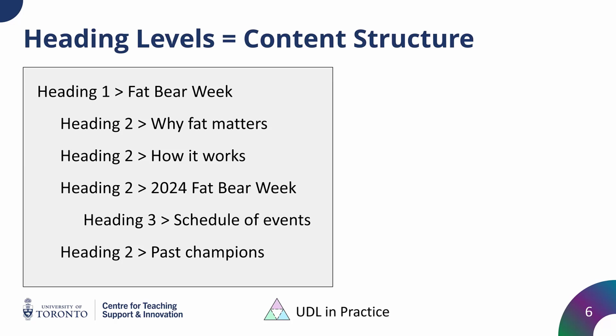Another heading 2, how it works. So how does Fat Bear Week work? Another heading 2 to talk about the 2024 edition of Fat Bear Week. And then a heading 3, a schedule of events. Now those events are related to the 2024 Fat Bear Week. And then we have another heading 2 offering information about past champions.